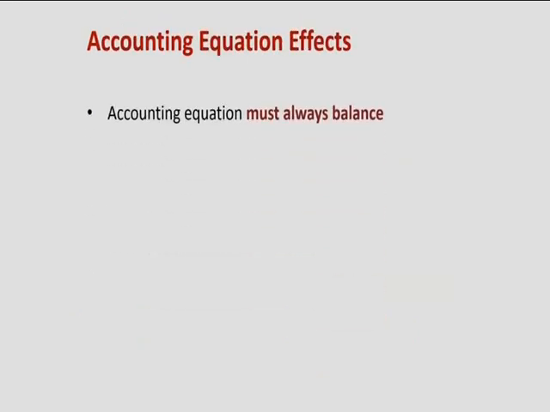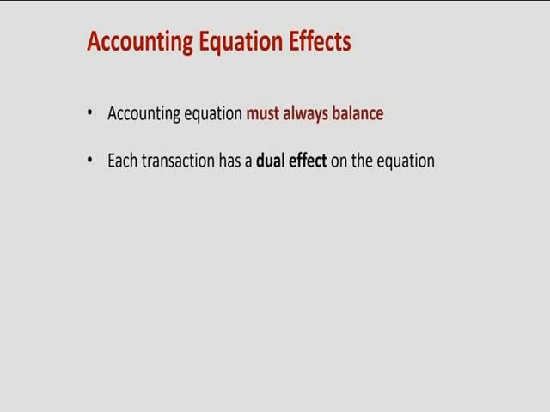Now, how does the accounting equation get affected when there is a business transaction? The accounting equation says that assets should always equal liabilities plus shareholders' equity. That means it should always balance.